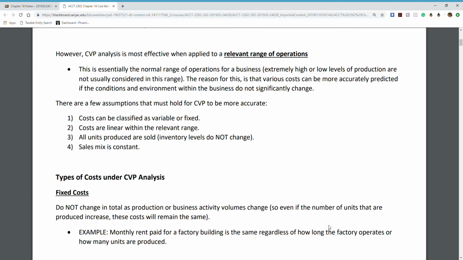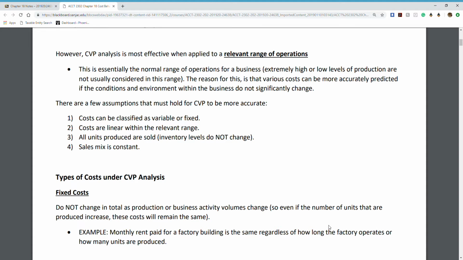Alright? So, for us, there are a few assumptions that CVP has to make to be more accurate. The first assumption is costs can be classified as either variable or fixed. We're not doing too much of a mix, but there can be. Costs are linear within the relevant range, which means they don't fluctuate a lot.